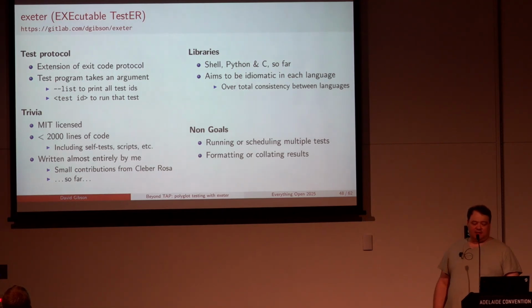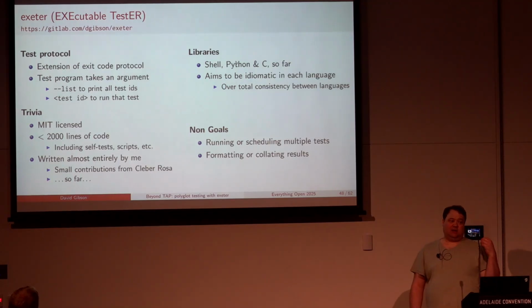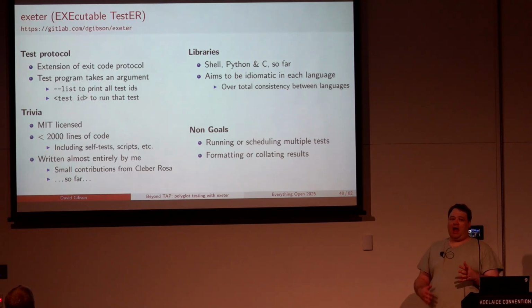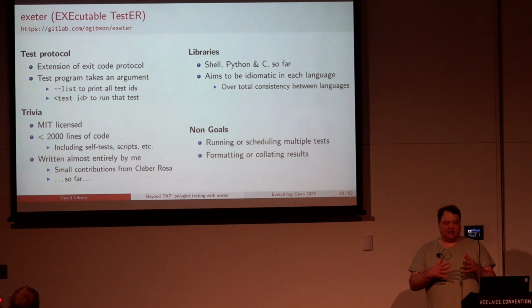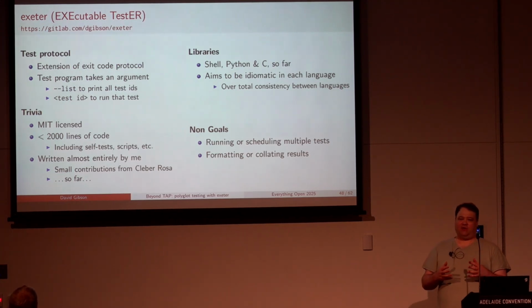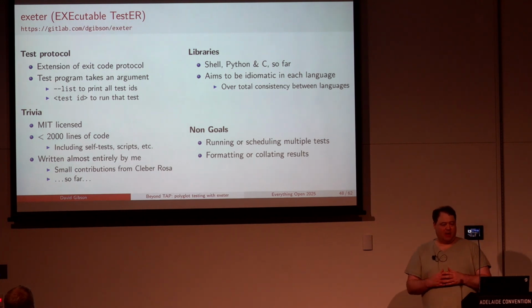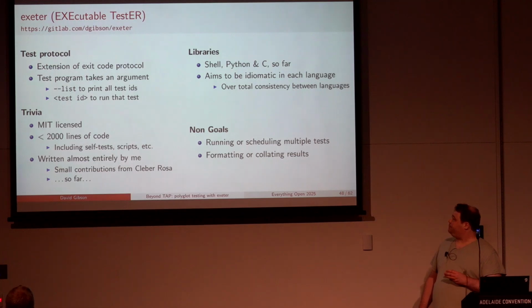And then it's a set of little libraries, so far in Shell, Python and C, that allow a program to easily produce that test protocol. It's trying to be idiomatic in each language it's in, and that's considered more important than having entirely identical interfaces in the different languages.